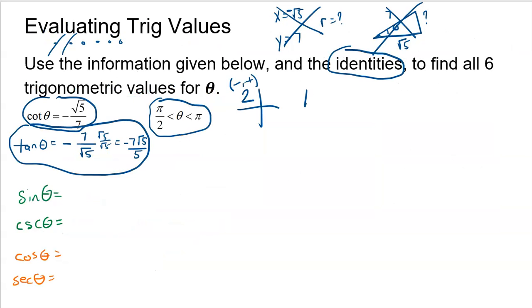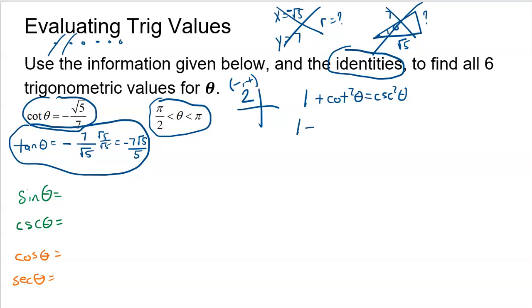And let me show you how this works. 1 plus cotangent squared equals cosecant squared. First, what I want to explain real quick is that I'm going to find cosecant. Once I know cosecant, I can just flip it over to find sine. So I'm going to knock down 2 birds with 1 stone here.